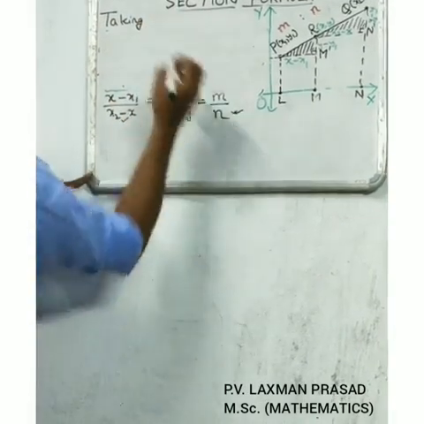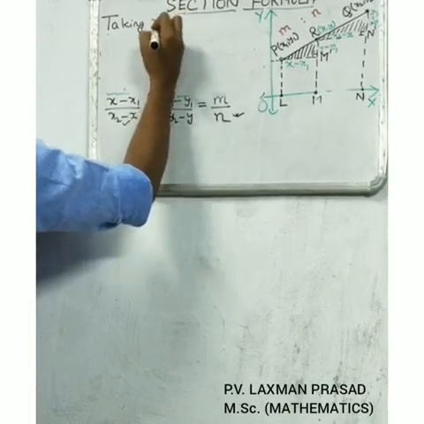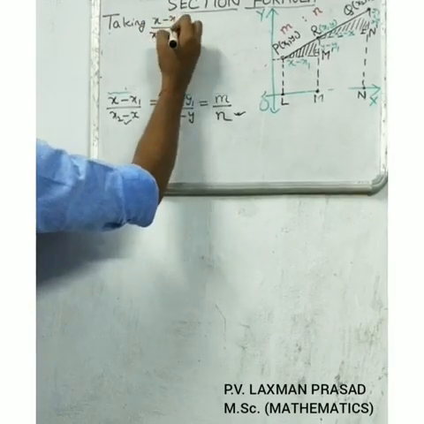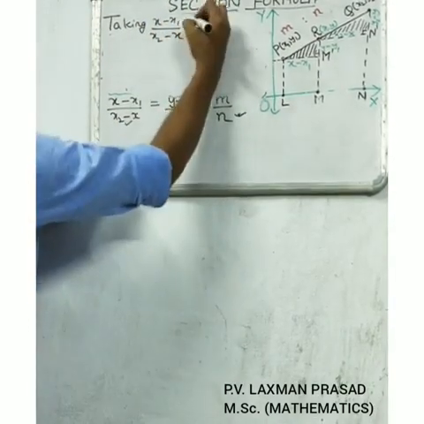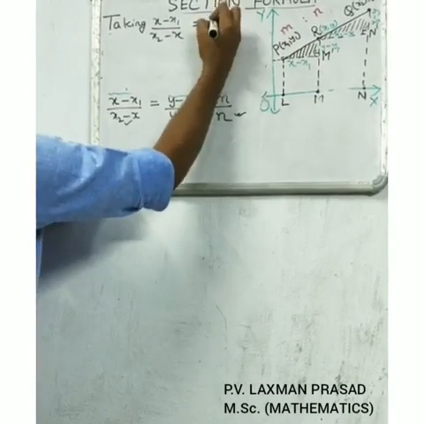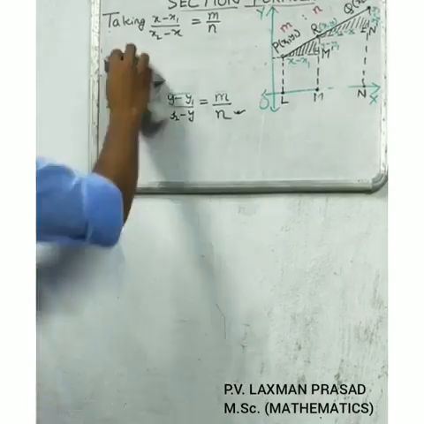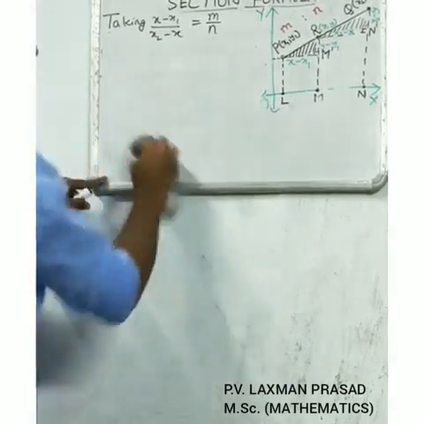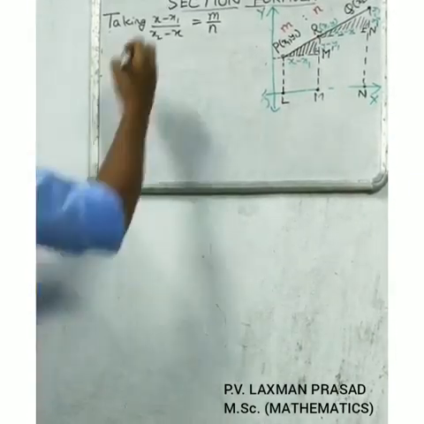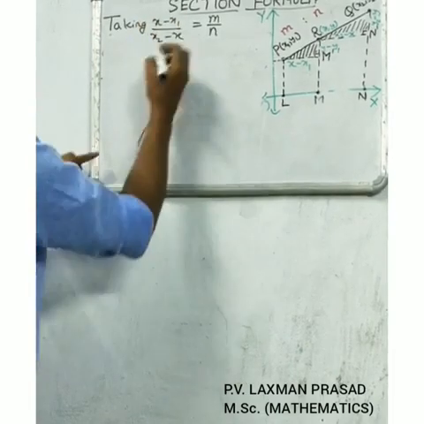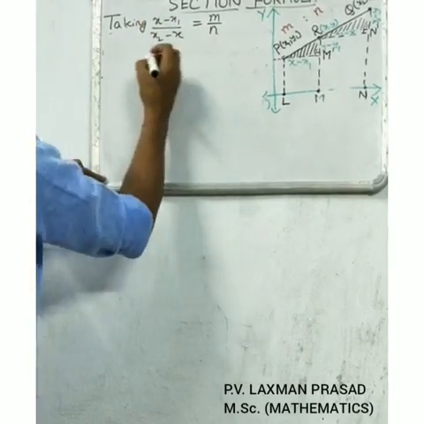Taking the first and the third part, x minus x1 by x2 minus x, this is the first part, and the third part, m by n. We will solve this and we will get the x coordinate of the point R. So in order to solve this, we will cross multiply.